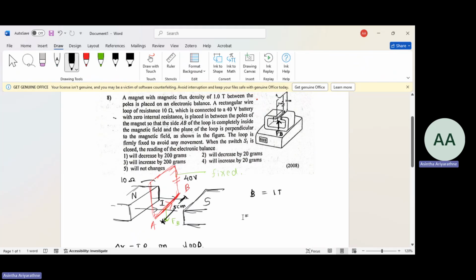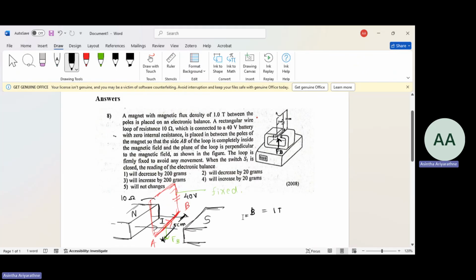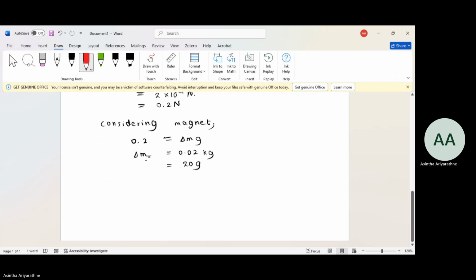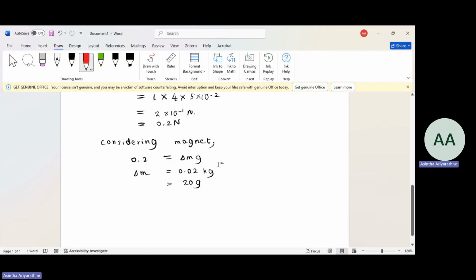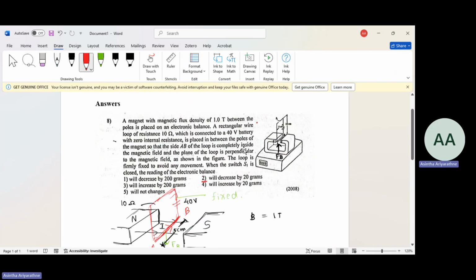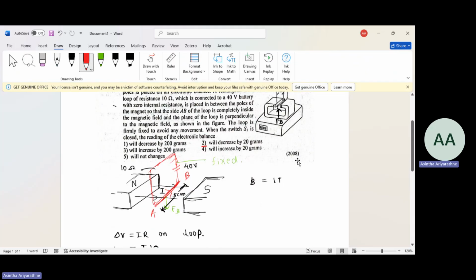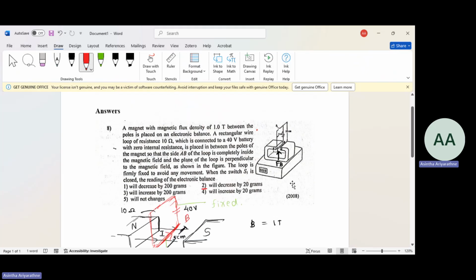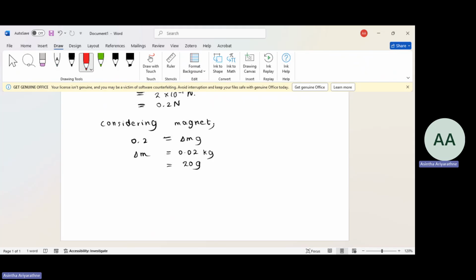So the reading would be decreased by 20 grams. So the answer is the second one. Due to this magnetic force FB acting on the magnet in the upward direction, the reading of the balance would be decreased by 20 grams.